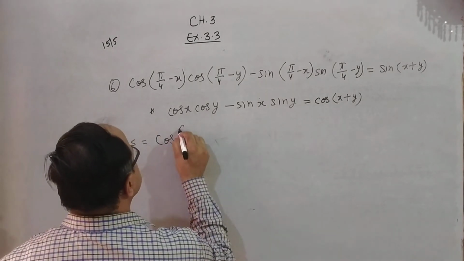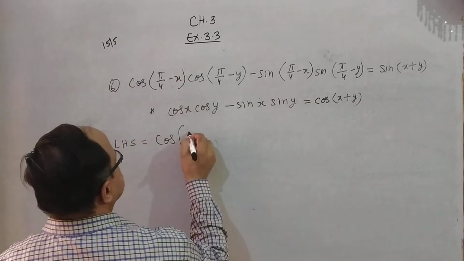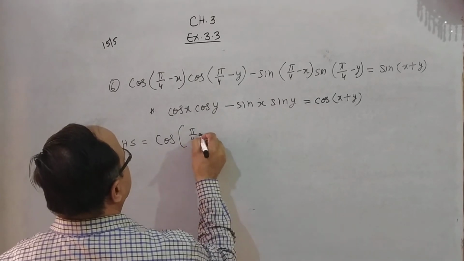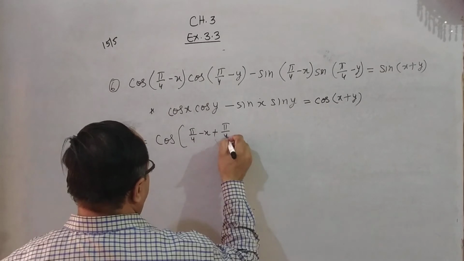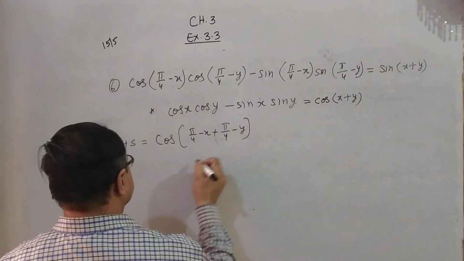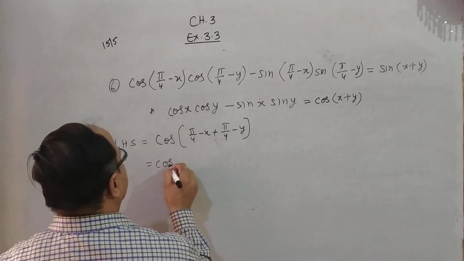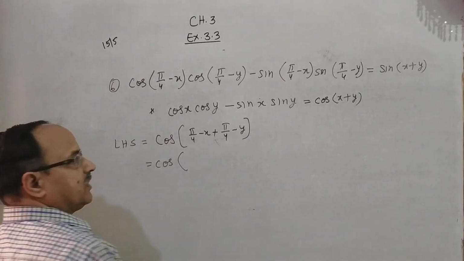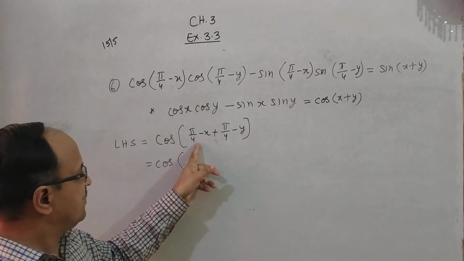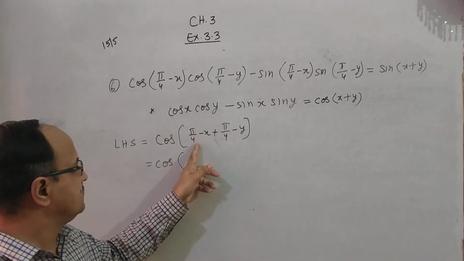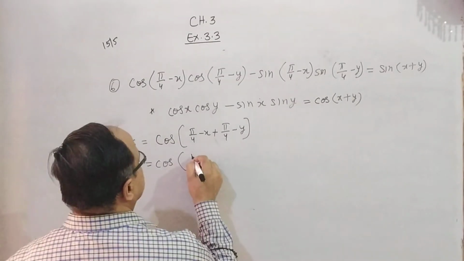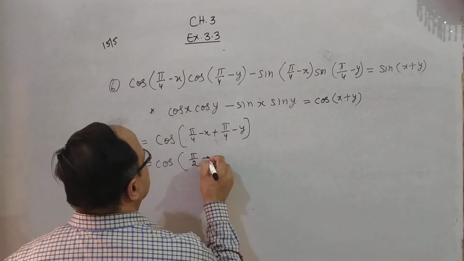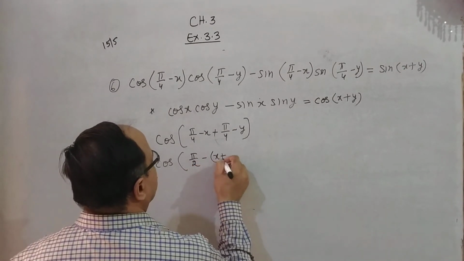That is cos of the complete angle pi by 4 minus x plus the complete angle pi by 4 minus y. When you simplify, now can you tell me pi by 4 plus pi by 4, that is pi by 2 minus (x plus y).